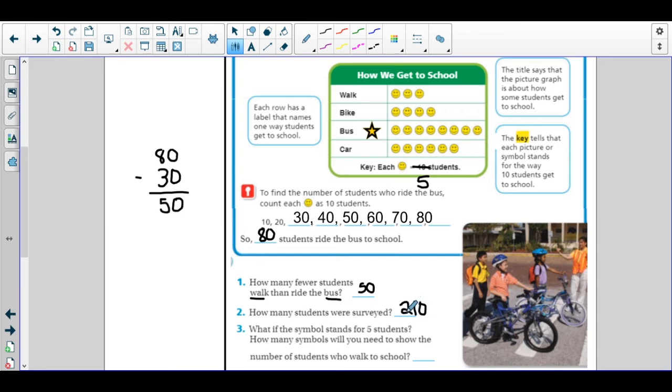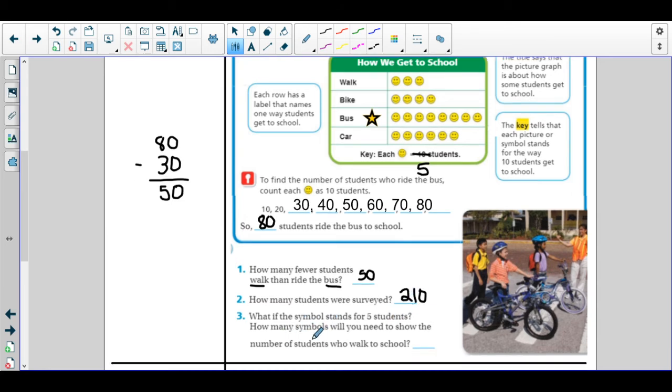But we still have the number that walk. We still had 30. 30 students still walked, but instead of it being 10, it's going to be 5. So how many would we need to get to 30?